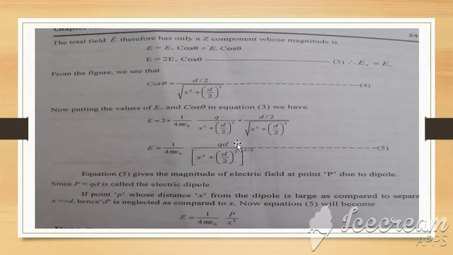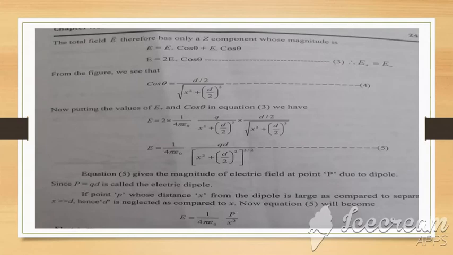The expression q d is equal to the dipole moment, which is represented by p, the electric dipole moment. If point P is at a distance x from the dipole that is large compared to the separation, x is very large, then d is neglected as compared to x. So in this case, E is equal to 1 over 4 pi epsilon naught p over x cube.